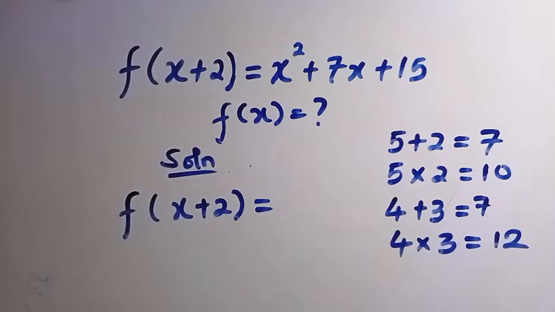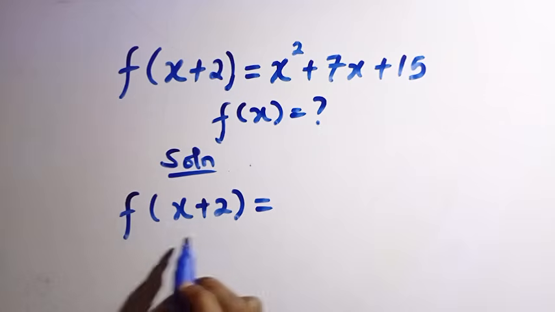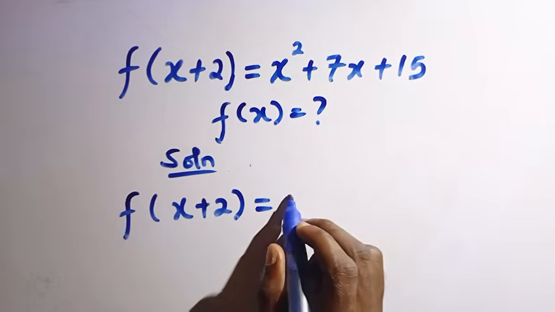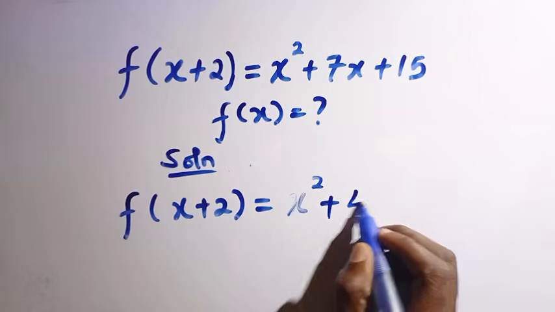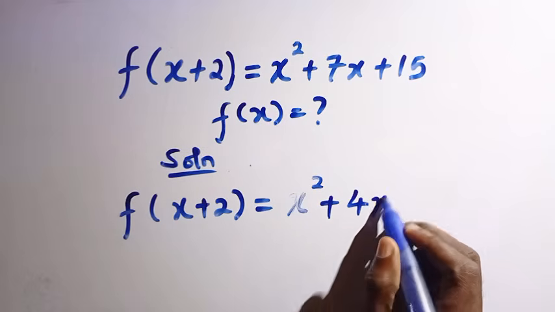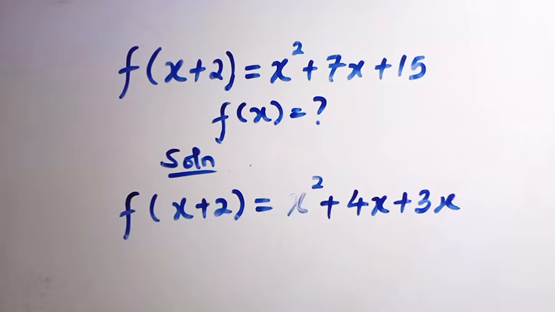Let's see how we can now solve it in a manipulative way. Suppose I break this down as x squared plus 4x plus 3x. This gives us 7, and the product gives us 12.